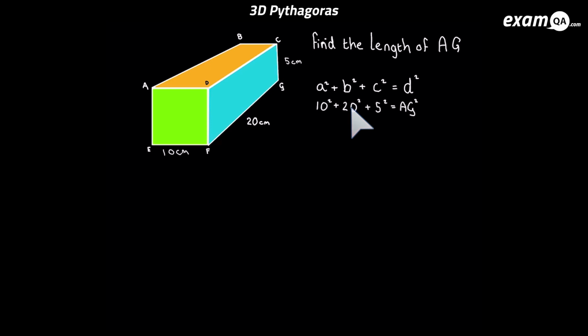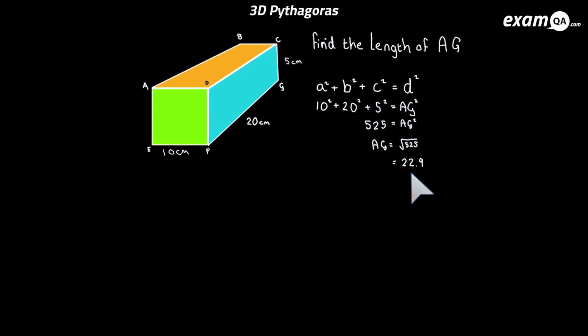So that gives us 10 squared plus 20 squared plus 5 squared equals that really long side AG squared. Simplifying that down gives us 525 equals AG squared. And of course now we can square root to get AG. So we get AG is root 525. And from before we know the root of 525 is 22.9.